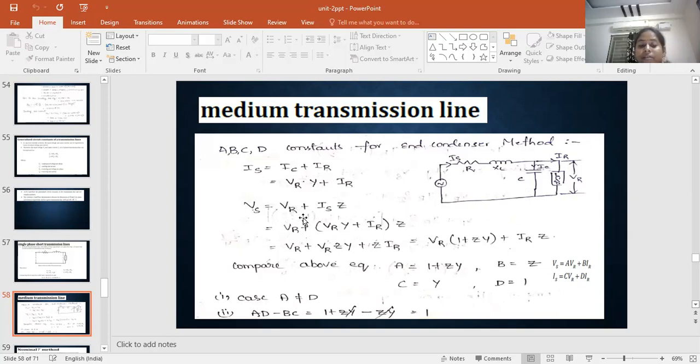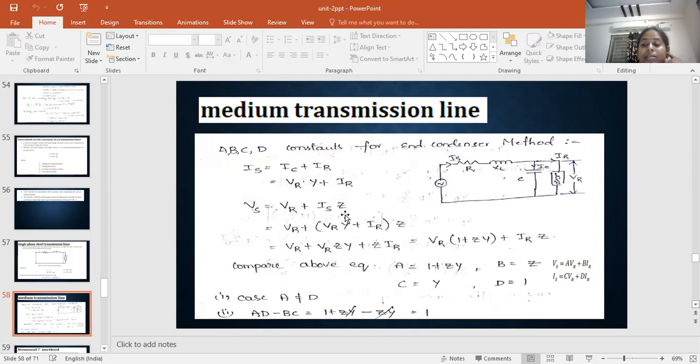Okay. And Vs is equal to VR plus drop. Vs is the sending end voltage. In the drop, the flowing current is Is. So Is into Z, where Z is nothing but R plus JXL, the impedance value.